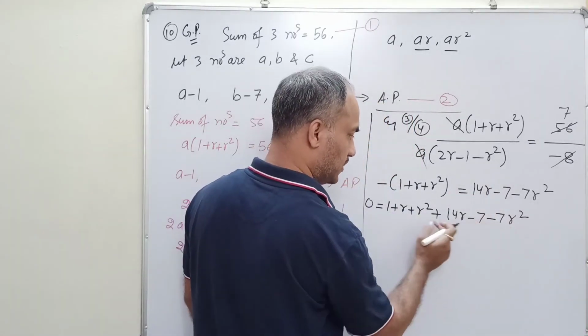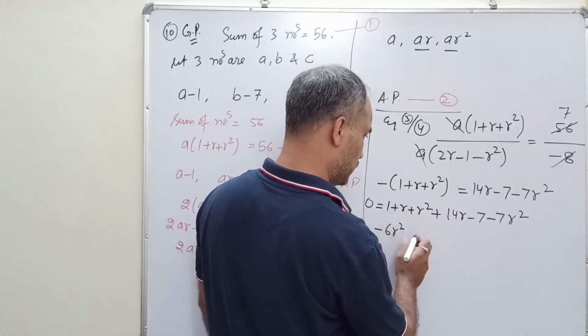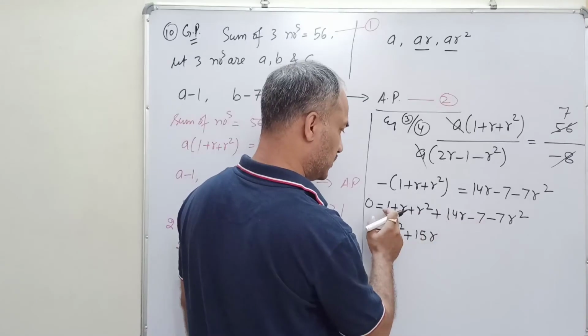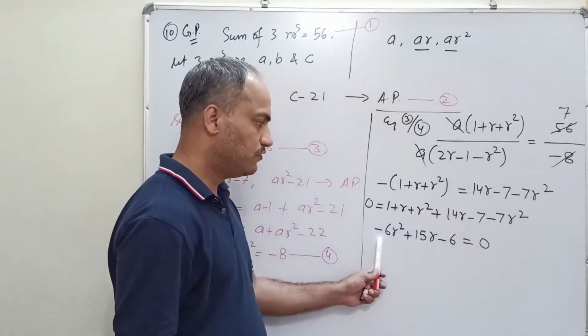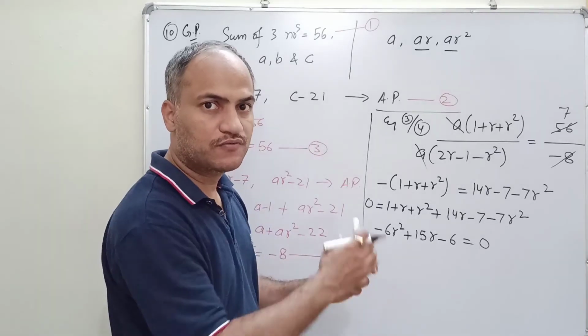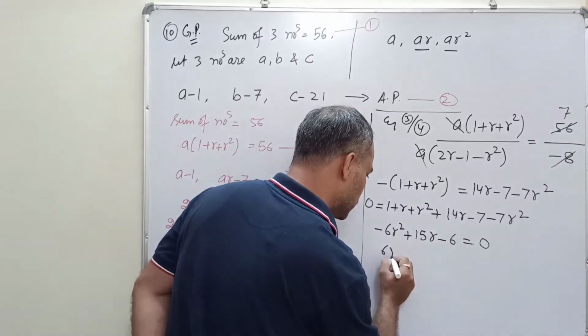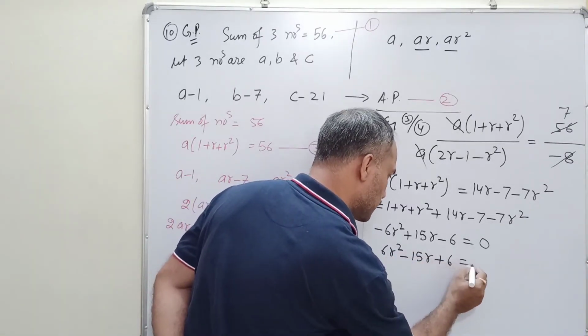R square is minus 6, R is 14 and, with the minus 1, this becomes minus 6. This is 0, so we multiply with minus, and we get 6r square minus 15r plus 6 equal to 0.